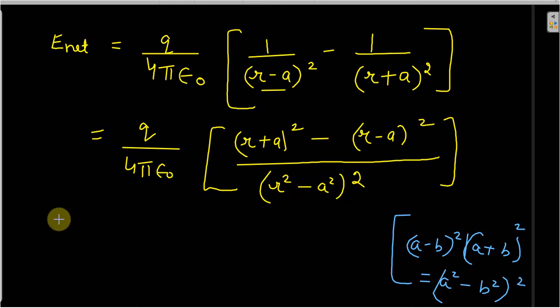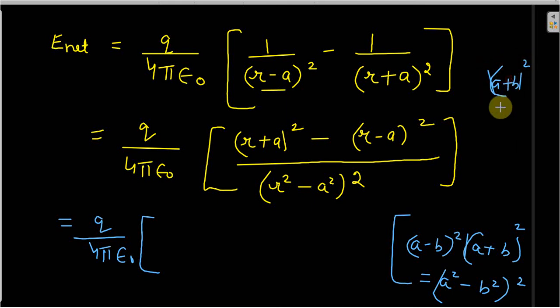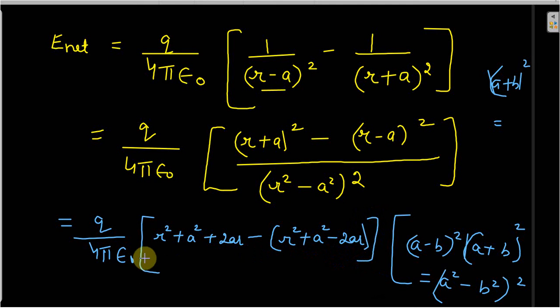So now open the terms, open all the braces, 4 pi epsilon naught, and this one you can open using the formula A plus B whole square. You can write here R square plus A square plus 2AR, R is common, then again R square plus A square minus 2AR, and divide by R square minus A square whole square.